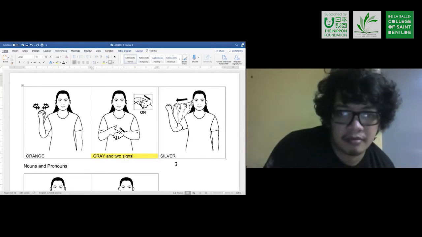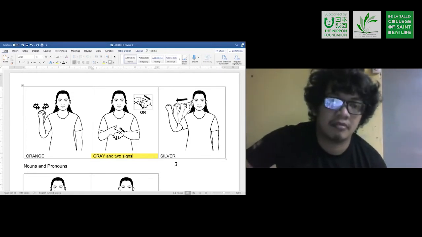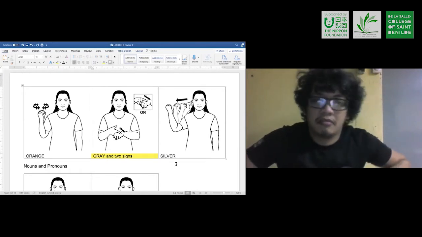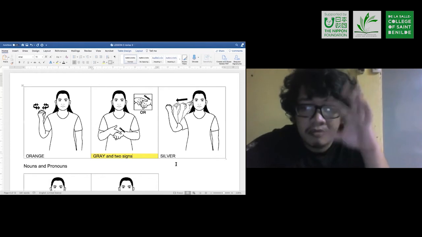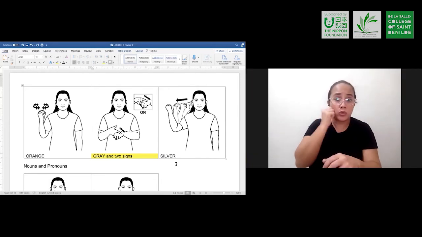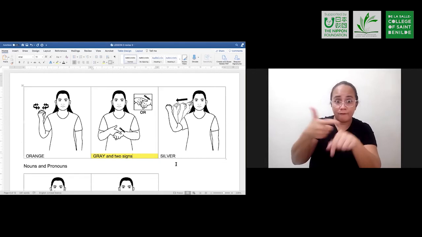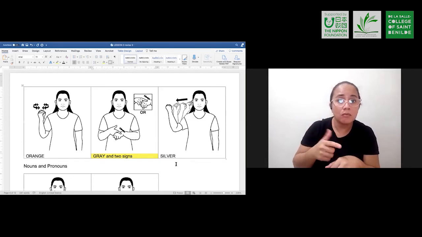Do you always have the thumb extended or not? Okay, not the thumb extended on the palm down. So yeah, I would put two signs.